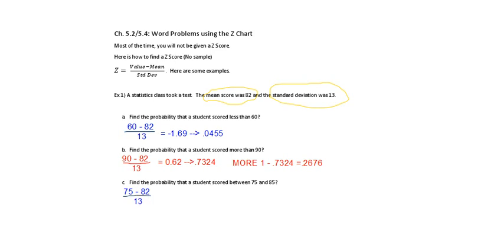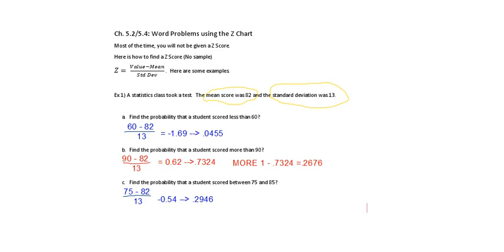If we were to put that into the calculator, we're going to get a z-score of negative 0.54. And if you look up negative 0.54 on the chart, our probability is 0.2946. Great, we'll come back to that later.